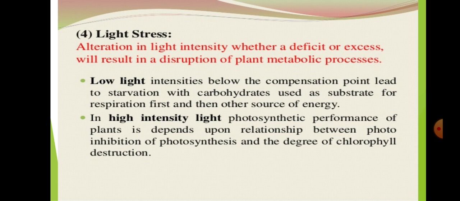Low light intensity below the compensation point leads to starvation, with carbohydrates used as a substrate for respiration first and then other sources of energy. High intensity light causes photodamage to the plant and affects its photosynthetic performance, depending upon the relationship between photoinhibition of photosynthesis and the degree of chlorophyll destruction.